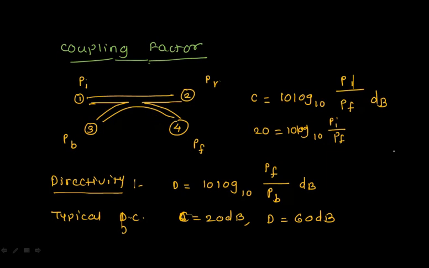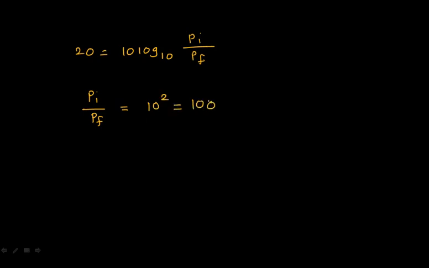So this ratio Pi by Pf, because my coupling factor is 20, must be 10 raised to 2, which is nothing but 100. So whenever you are giving something to port number 1, it will be attenuated 100 times and you will get it at port number 4. And what about the forward power? It is Pi by 100, so 100 times less.